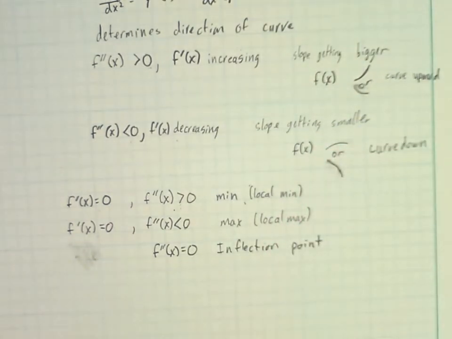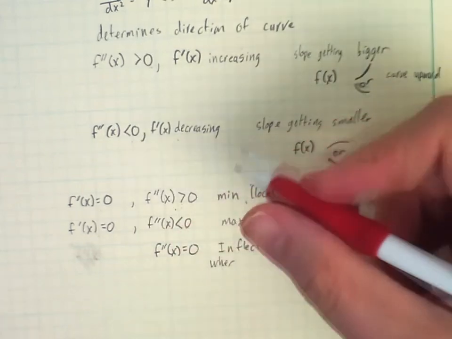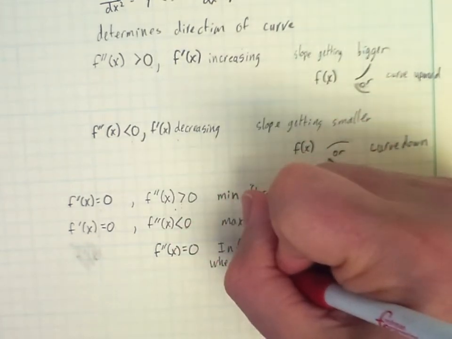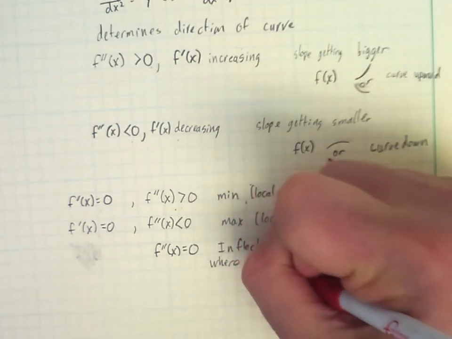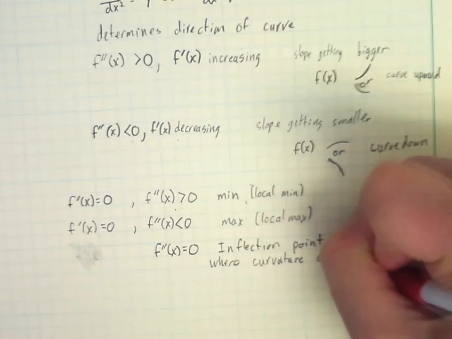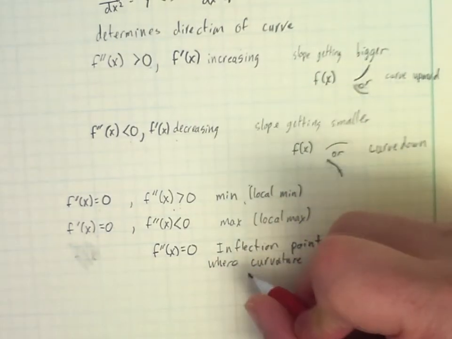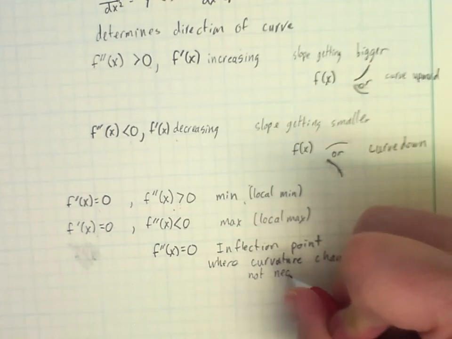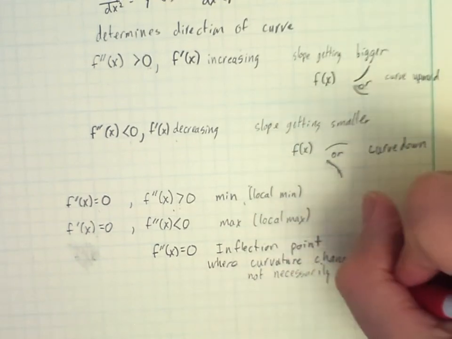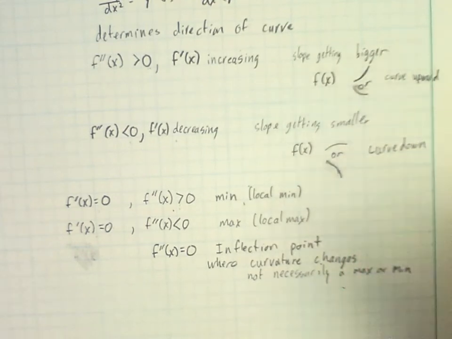This is simply a place where the direction of the curve changes, and this is not necessarily a max or min.